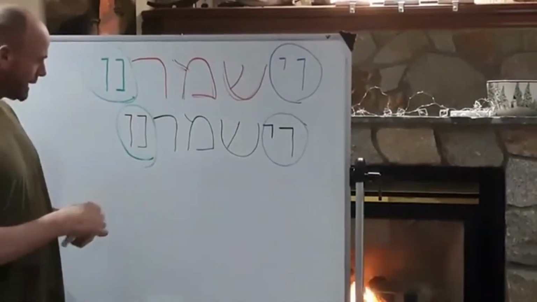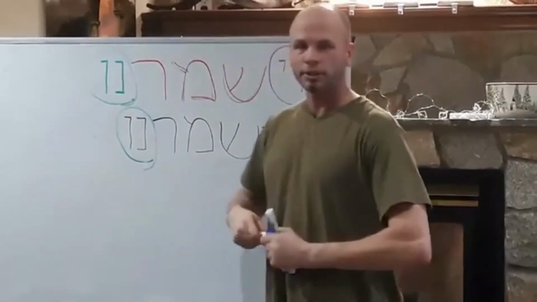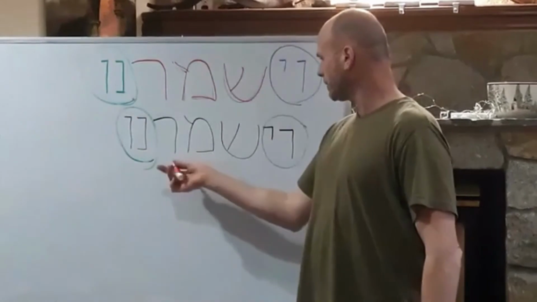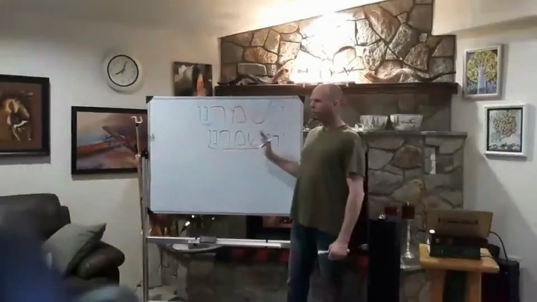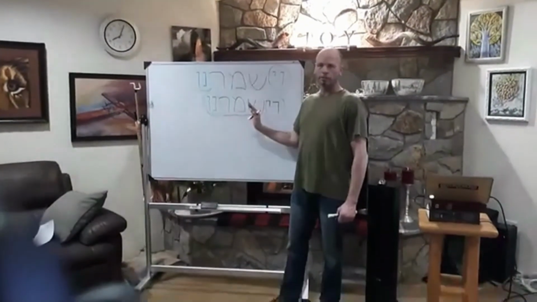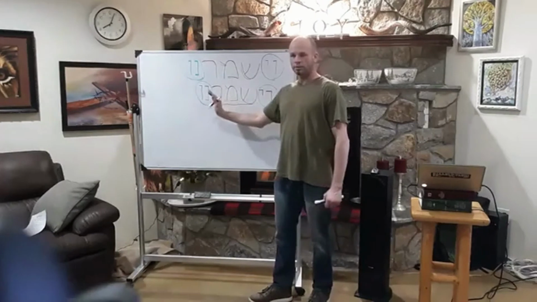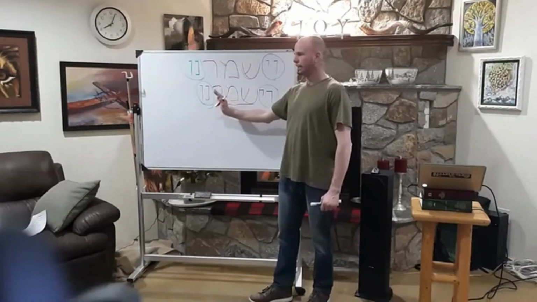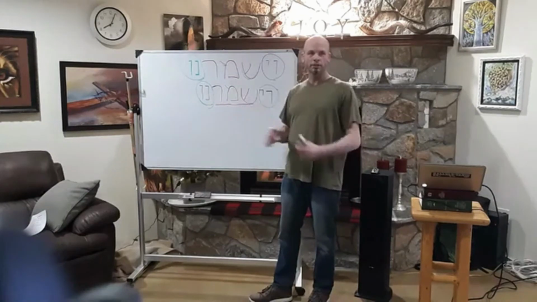And when you can separate those added letters, it leaves you with a root. And all of a sudden it's a lot easier to understand this word. Because with all those letters going on there, you're not getting that word. There's so many different vowels and sounds going on there.